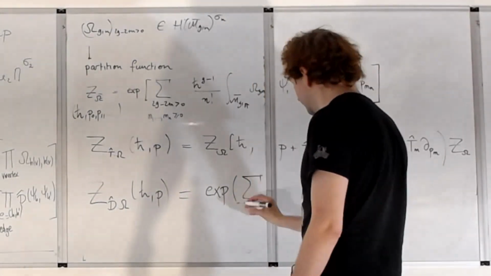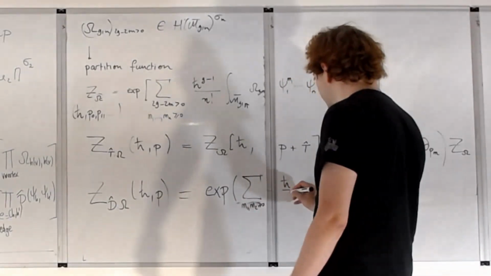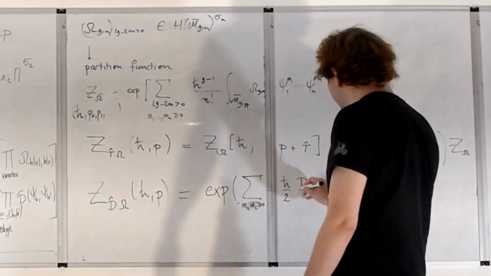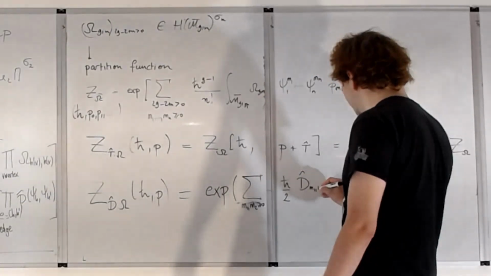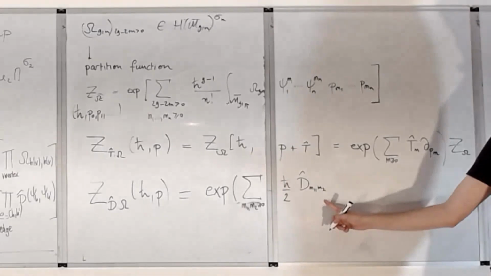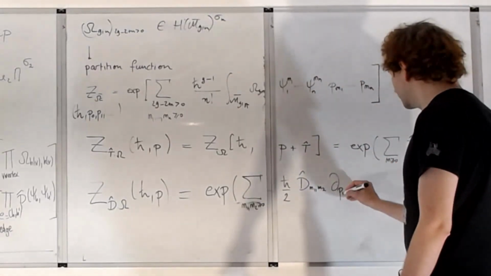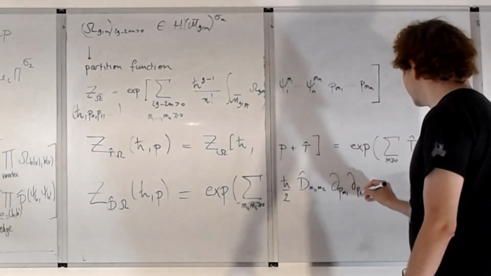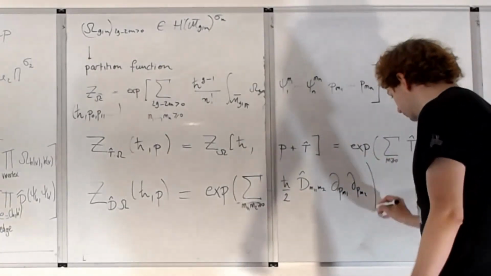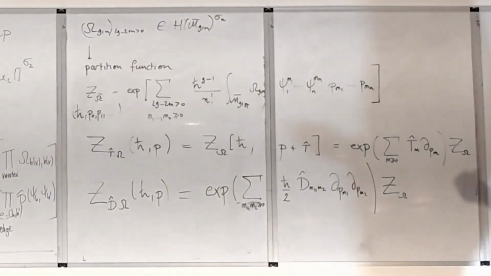So p is a bad letter for an index, it's m, h bar over 2, and then d hat m1, m2, so these are the coefficients of the formal series d hat u1, u2. And here d p m1, d p m2, applied to z omega.